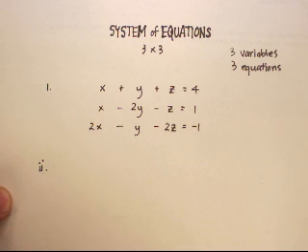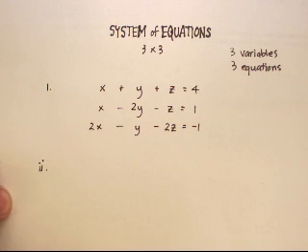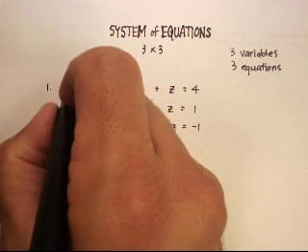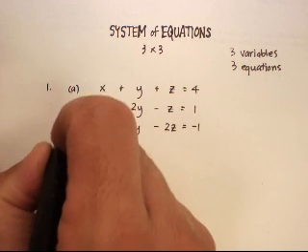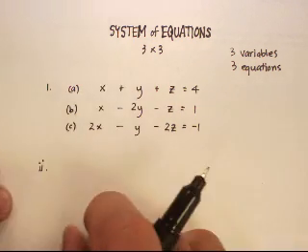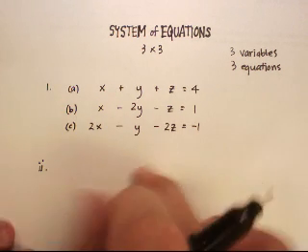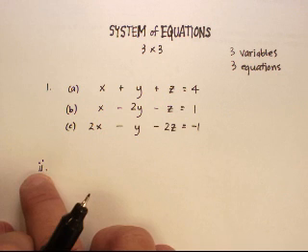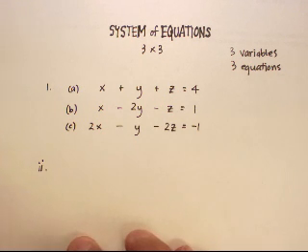Now the way to do that is to basically start off by choosing two of the different equations that we've got there and eliminating one of the variables. To help things along, I'm going to call the first equation A, the second equation B, and the third equation C. And I'm going to label each of the things I do under each one of my Roman numerals so that you understand what's happening in the set of solutions that follow.